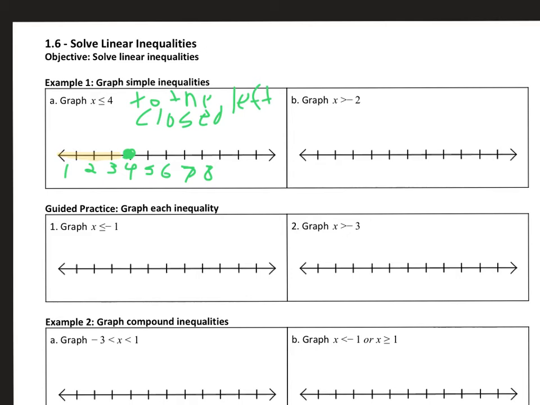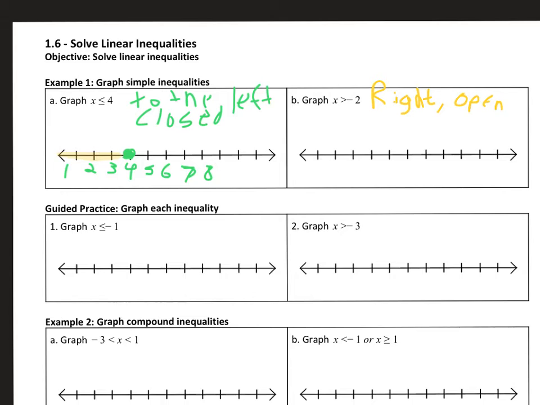And that one's done. So second one, x is greater than -2. Greater than, we're going to shade right. Still yellow, that's okay. We're going to shade right. And -2 is not included in our solutions, so that is going to be an open circle.